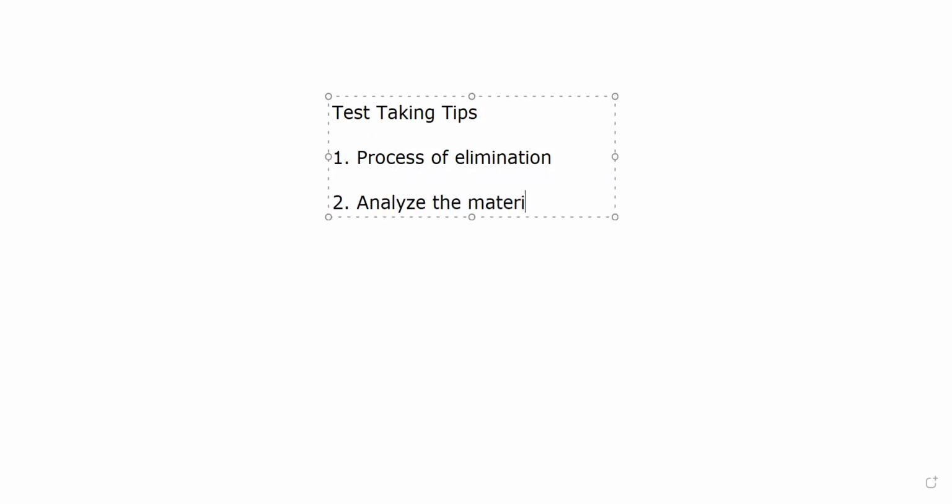For one, always use a process of elimination when they don't know the answer for sure. Make sure they analyze the material provided, or the stories provided, or the vocabulary words provided. Build some type of relationship between the vocabulary words. Build a relationship when it comes to the story and what the author's purpose and intent is as well.